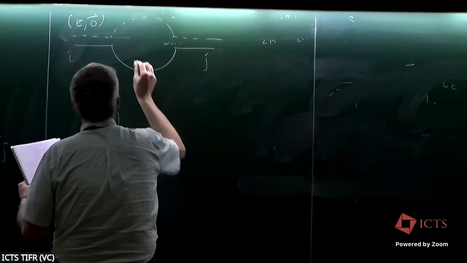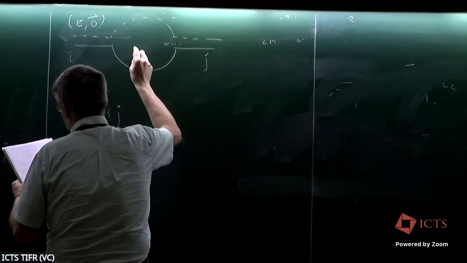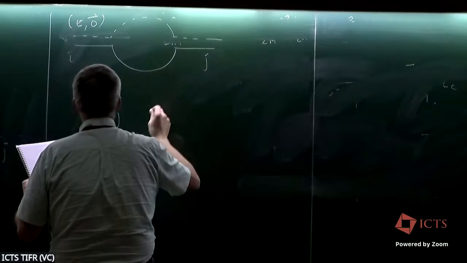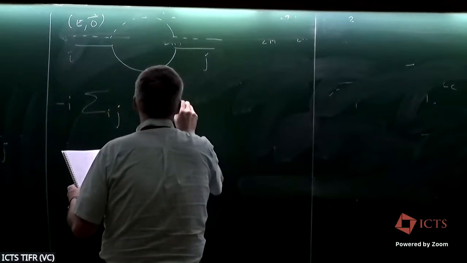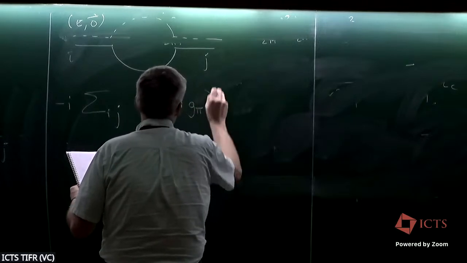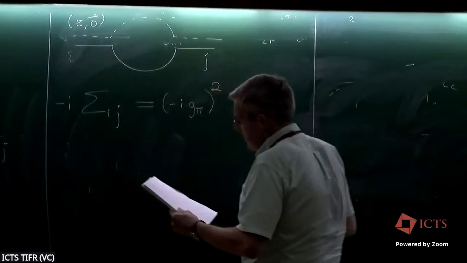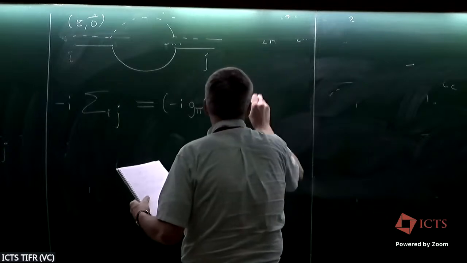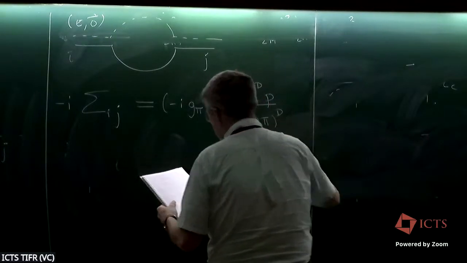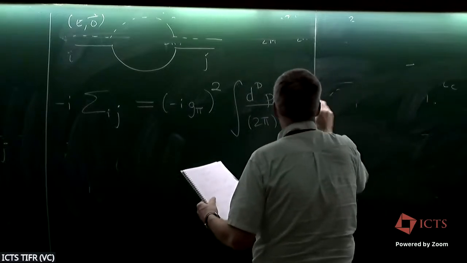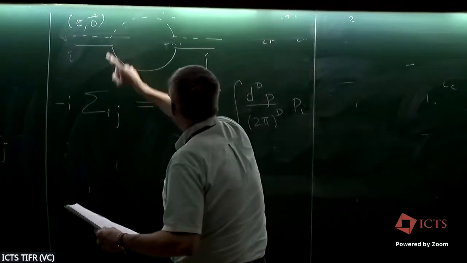So then, minus I times this matrix is minus I g pi squared for each vertex. I'm going to do an integral in big D space dimensions. I have the momentum associated with this vertex.